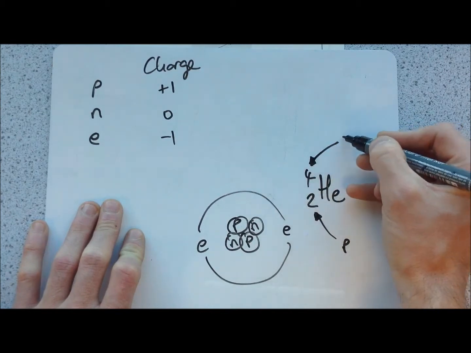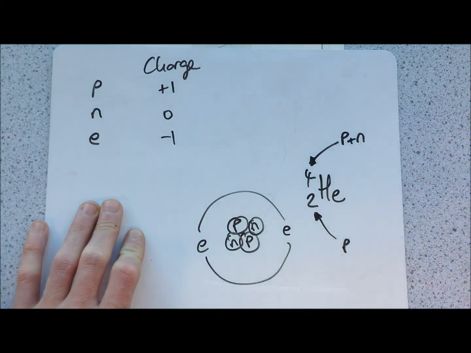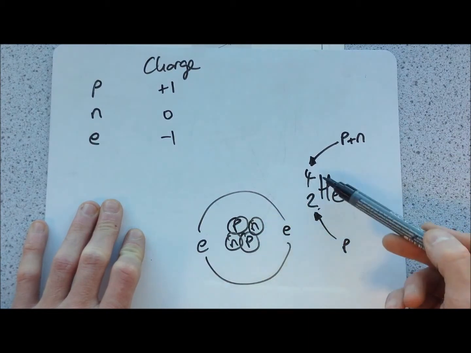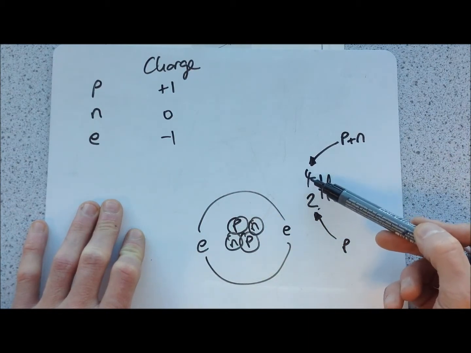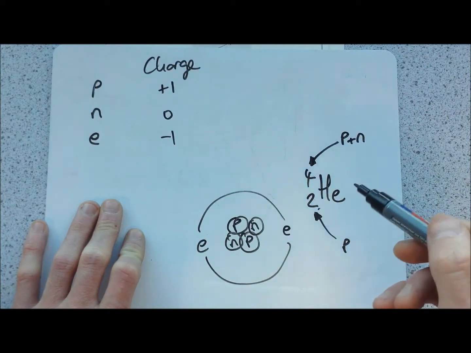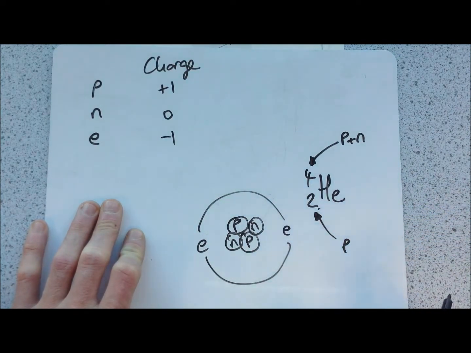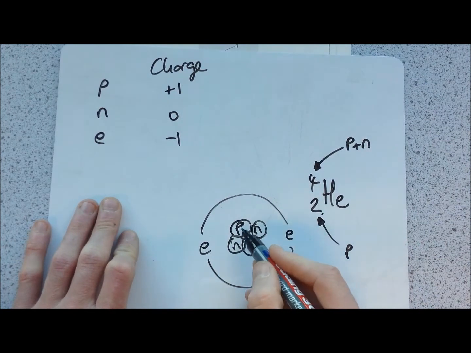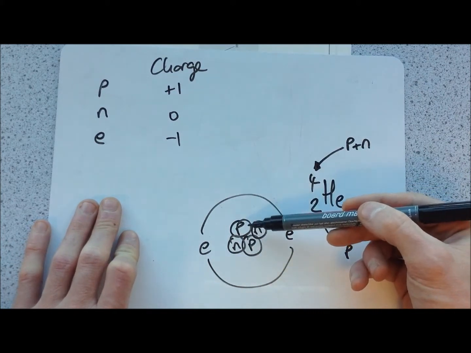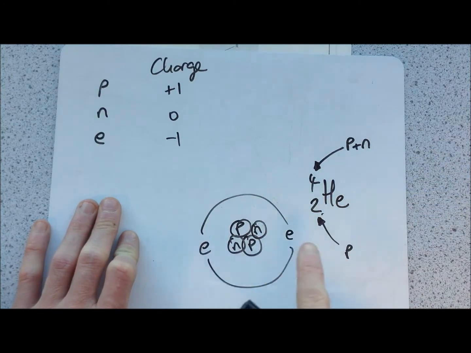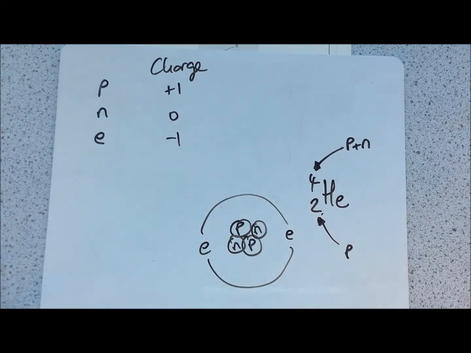That's the mass number, which is the protons and the neutrons. So we must have 2 protons and 2 neutrons to make this number up to 4. Because it's an atom, it also has 2 electrons. In terms of charge, the protons give us 2 positive charges, the electrons 2 negative charges, so overall 2 positives and 2 negatives gives us no charge.